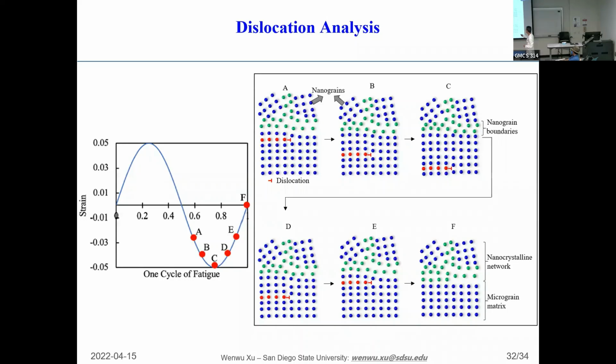Once a dislocation is generated, it gets pushed into the center of the grain. And then once we release the external forces, the dislocation actually moves back towards the grain boundary and sinks in there. So this is what we think is happening.